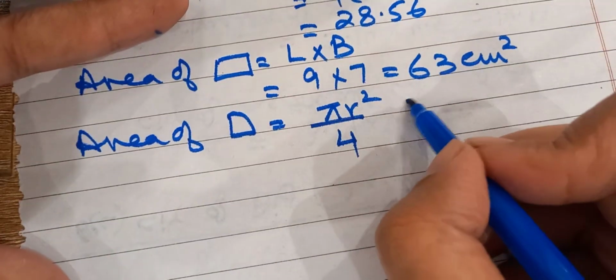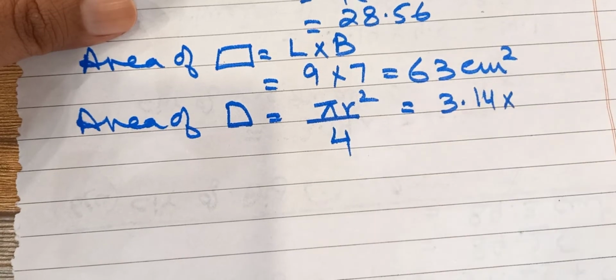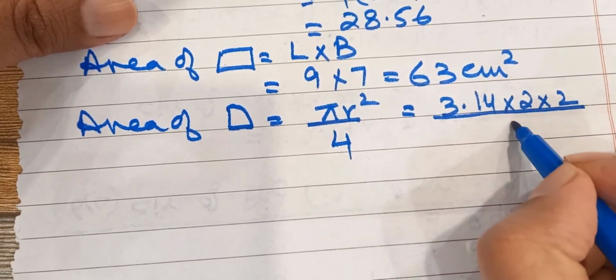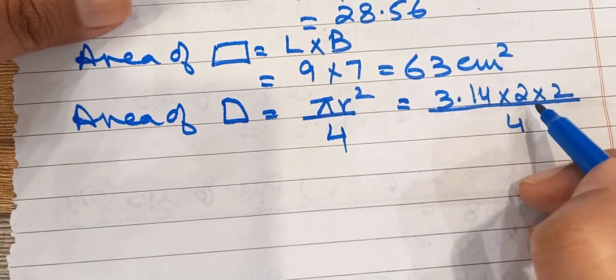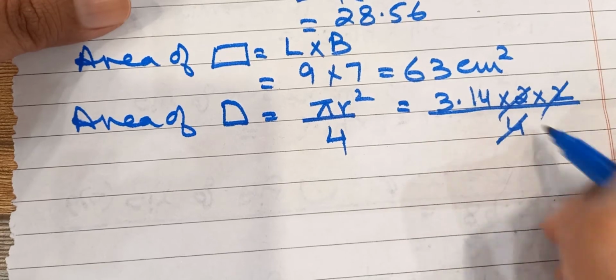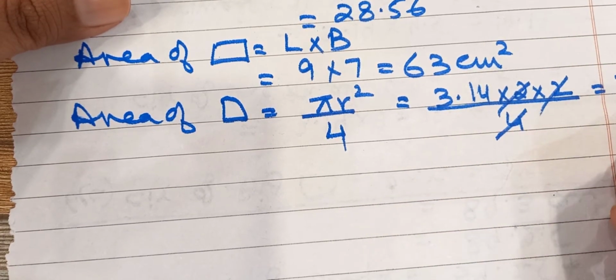Now I know 3.14 into radius is 2 into 2 divided by 4. Now these two will be crossed out by this 4, so we are left with the area of one quadrant as 3.14.